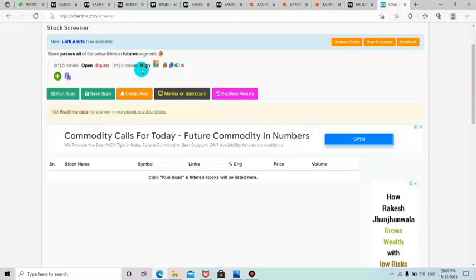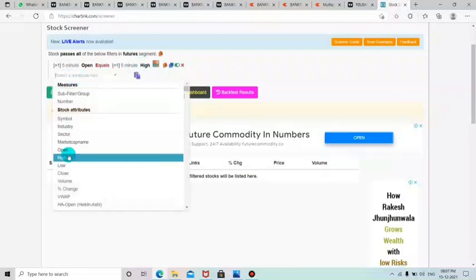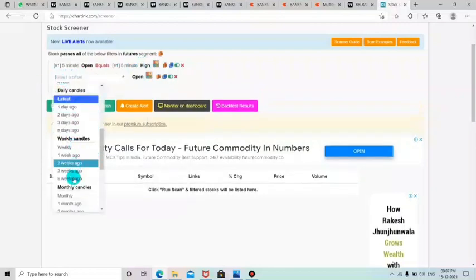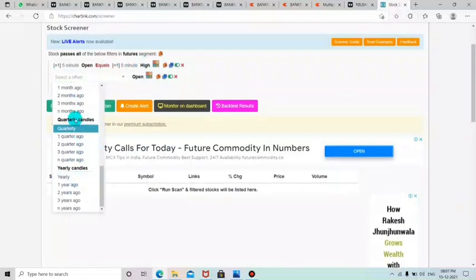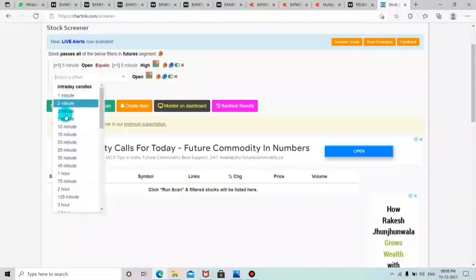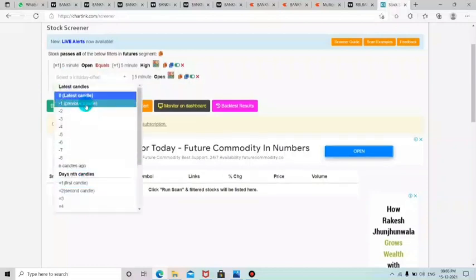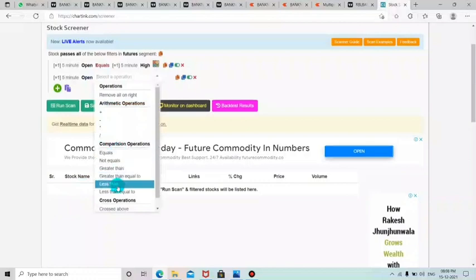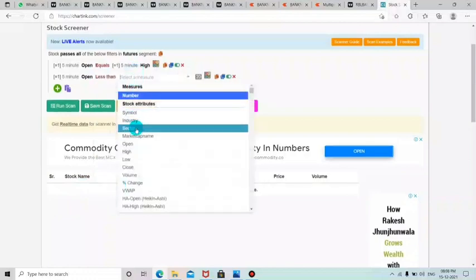So that it denotes that there is no high for the particular 9:15 candle. And in the second condition, the first candle open should be less than the previous day's low.